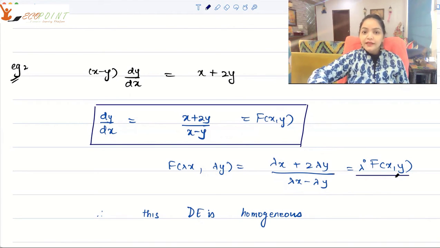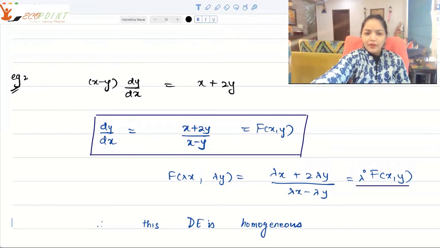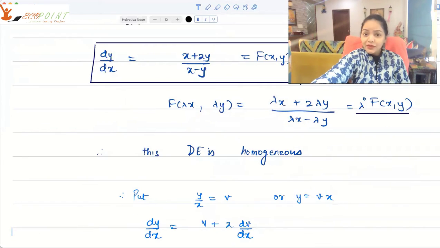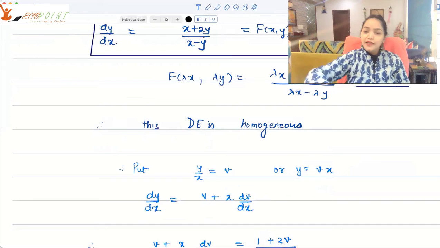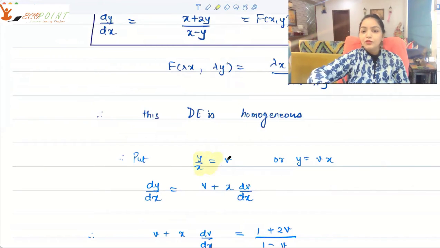For this, clearly we can either have a form in terms of x by y or y by x. So going by y by x, since I think we've done y by x right now, so that you understand better, we can put y by x equal to v, or y equals v multiplied by x.